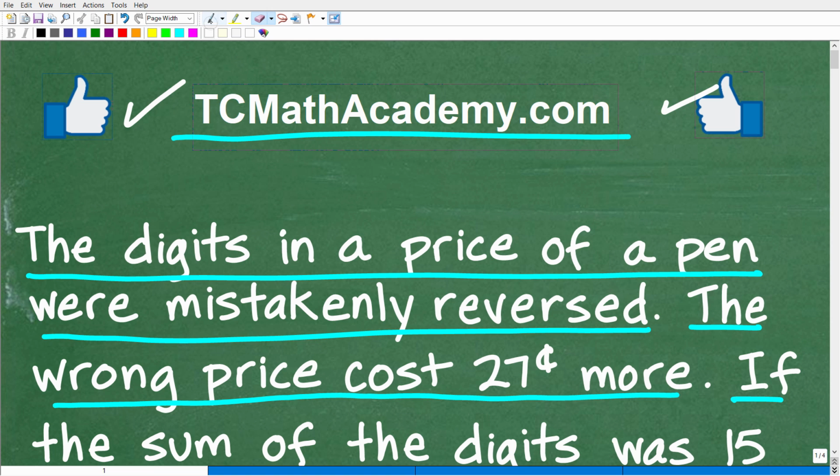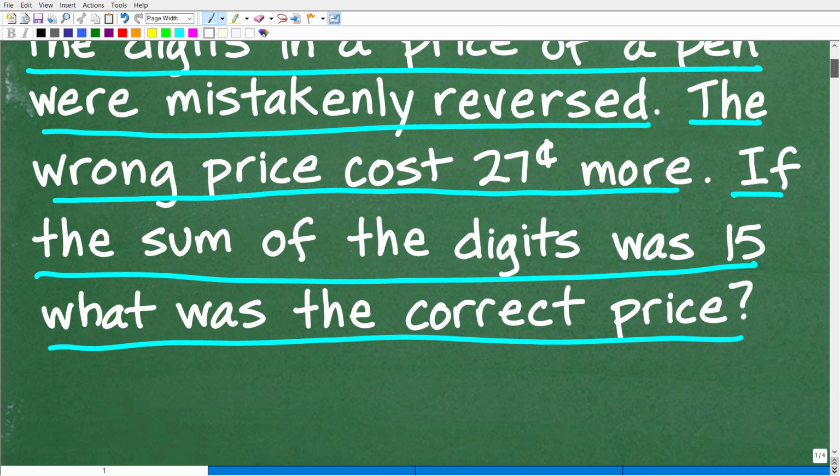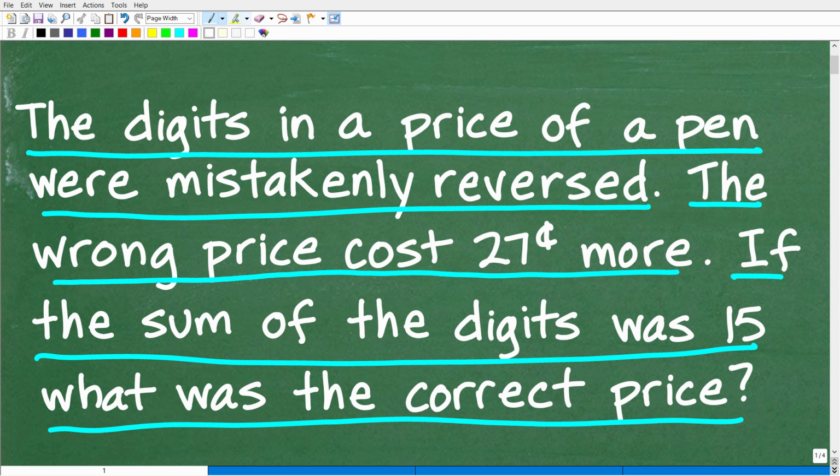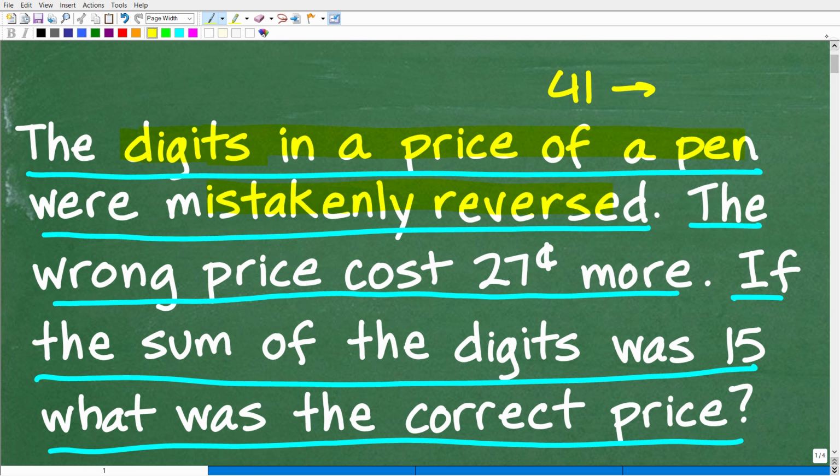Okay, so let me go ahead and read this problem one more time before I show you the answer. It could be a little bit confusing, but let's see if we can clear up any confusion right now. The digits were mistakenly reversed in the price of this pen. So for example, if the pen actually cost 41 cents, if that was the correct price, then if you reverse the digits, that price is going to be what? 14, right?